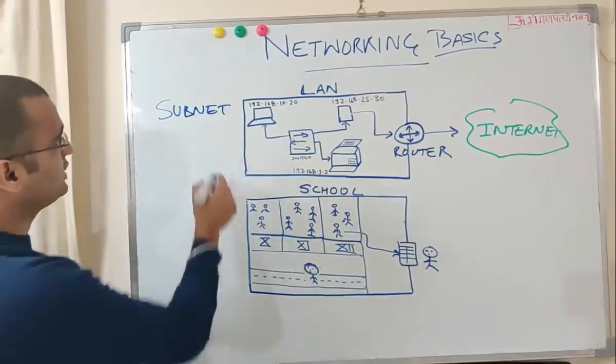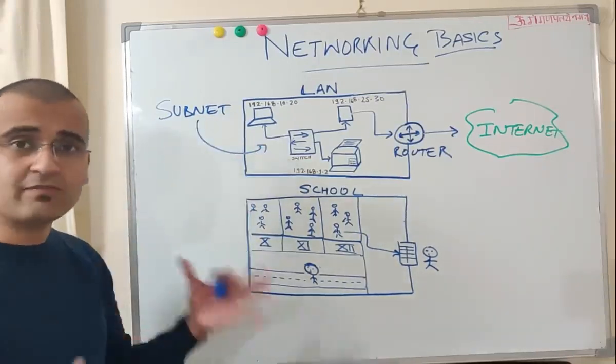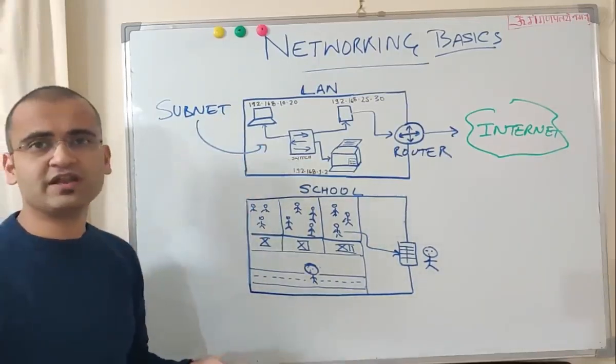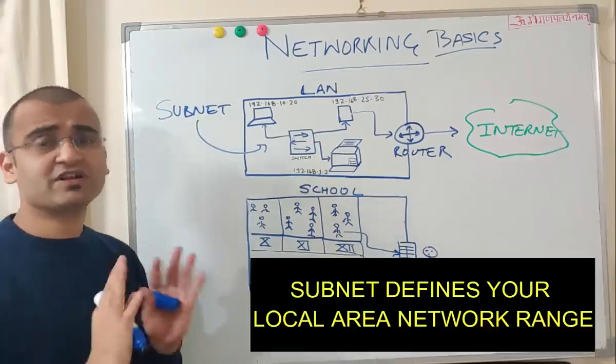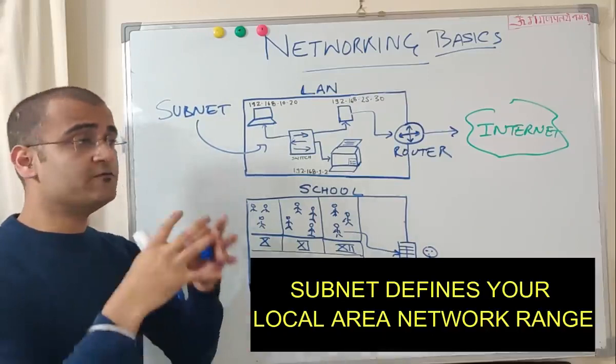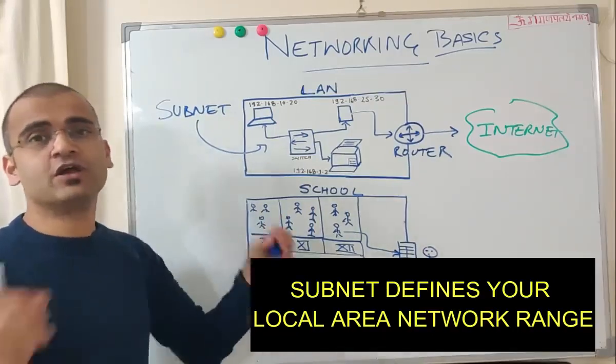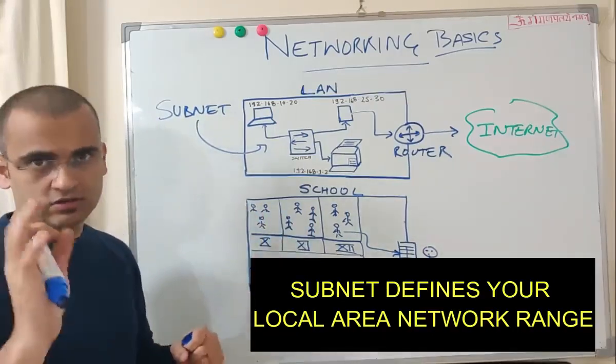So subnet is called a subnetwork which sits within the local area network, and it is not an IP address. It might look like an IP address, but it is not. It is a set of flags which defines the overall range of a local area network. I'll tell you how.